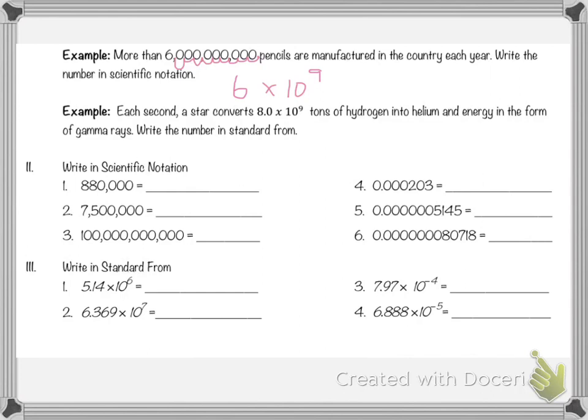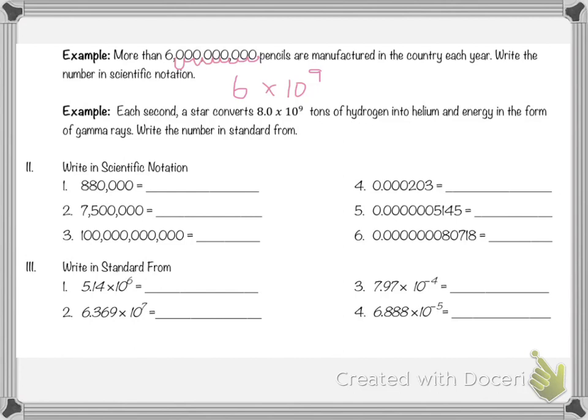Okay. Alright, so let's look here. Each second a star converts 8.0 times 10 to the 9th tons of hydrogen into helium and energy in the form of gamma rays. Write the number in standard form. Okay, so this is a positive exponent.